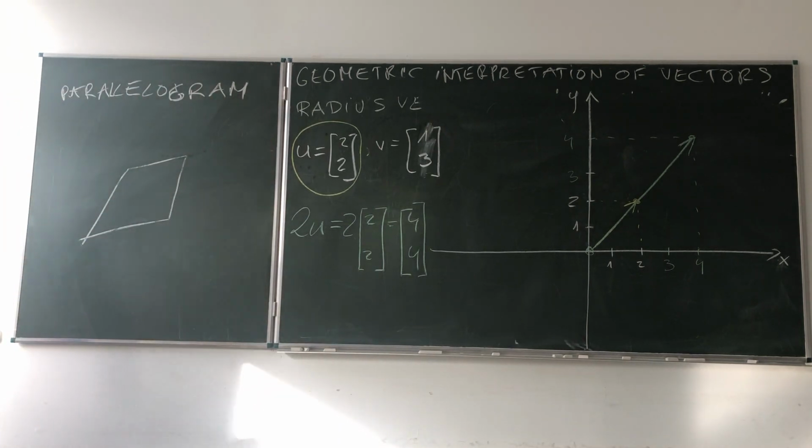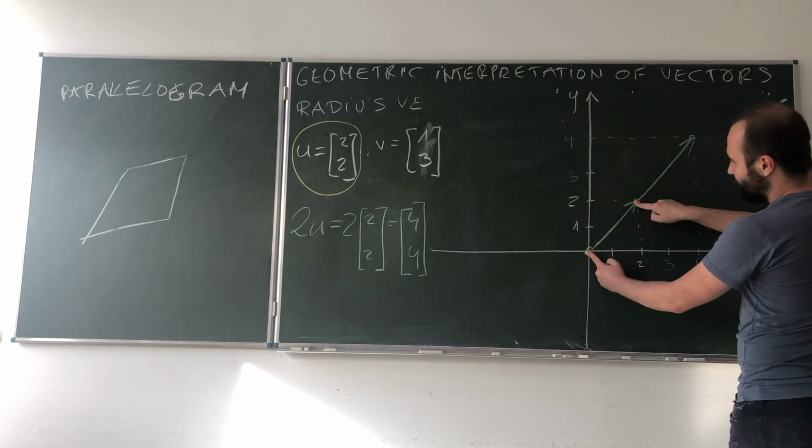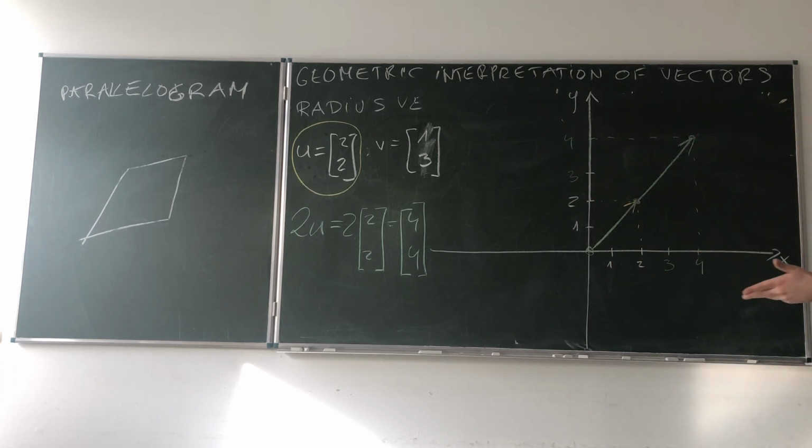Of course, if my drawing were better, you would actually see that those two distances are identical. So what has happened? When I multiply it by 2, I actually created a vector twice as long.